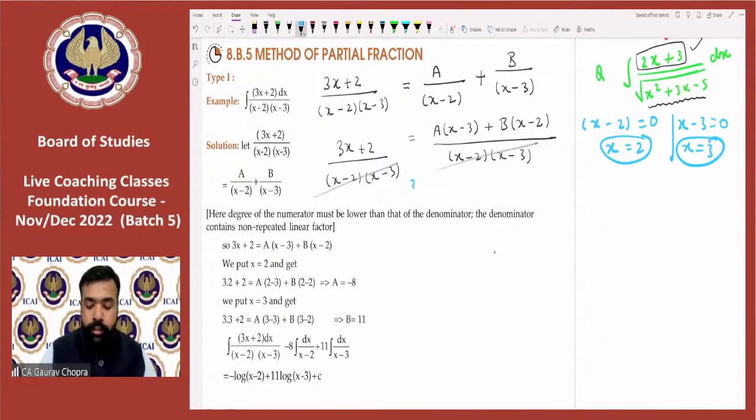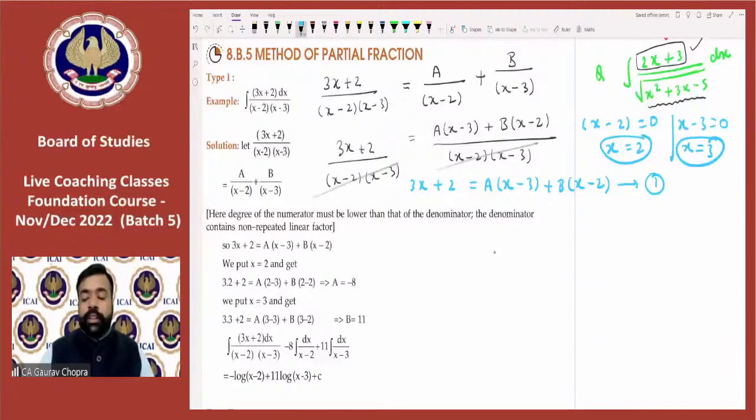So 3x plus 2 is equal to a times (x minus 3) plus b multiplied by (x minus 2). Now in this equation, we have to insert the values of x, 2 and 3, one by one. First of all, we insert 2.